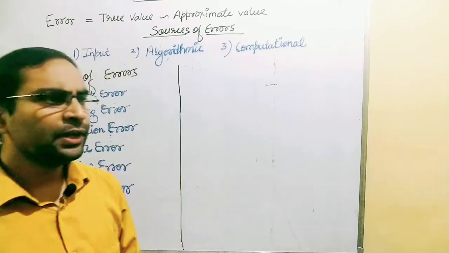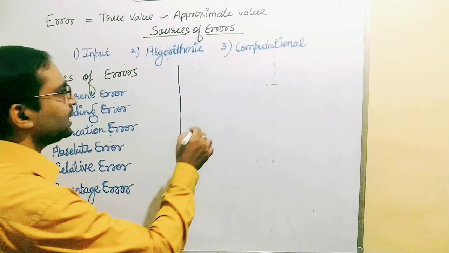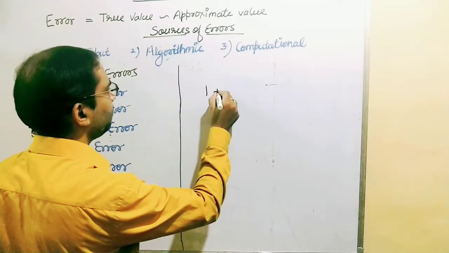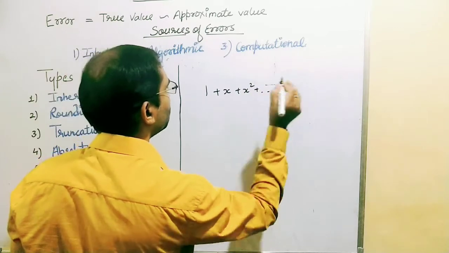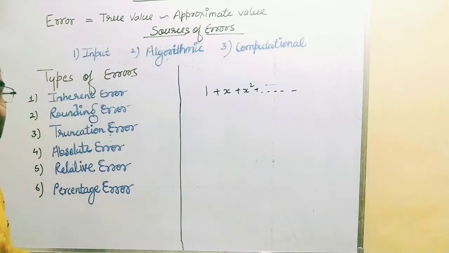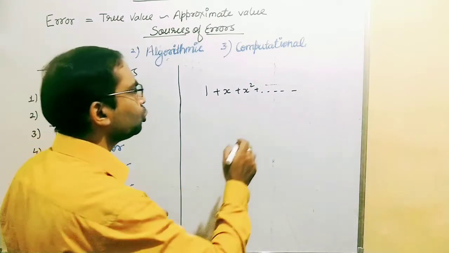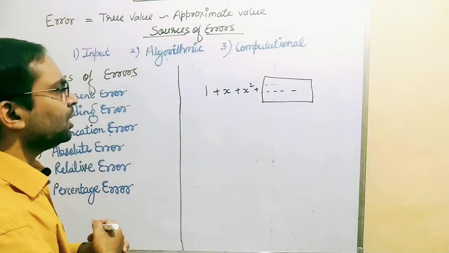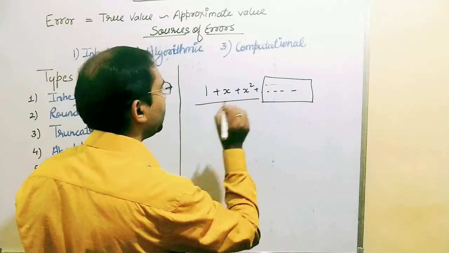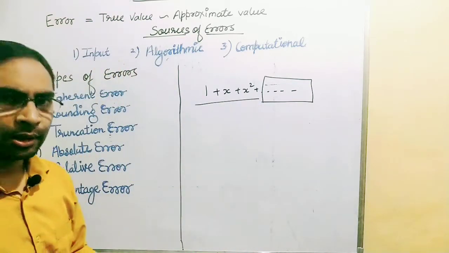For example, we have lots of series. Let's say we have a series 1 plus x square plus and so on. Depending upon our precision, we used to ignore the higher terms of the series, and hence we approximate it to a few major terms.